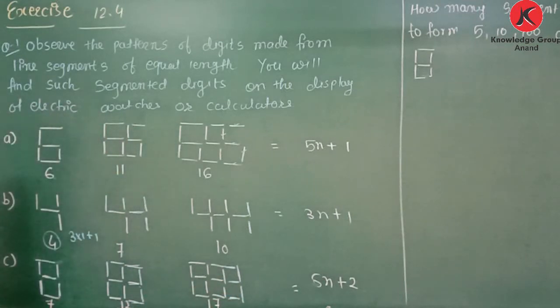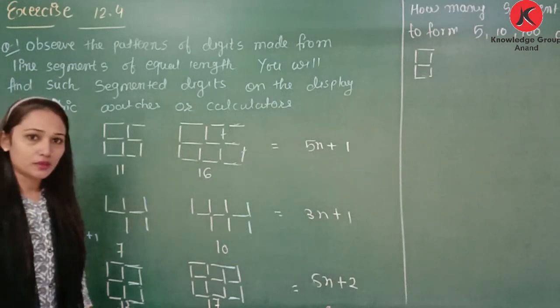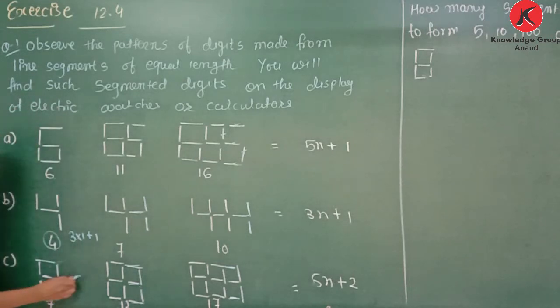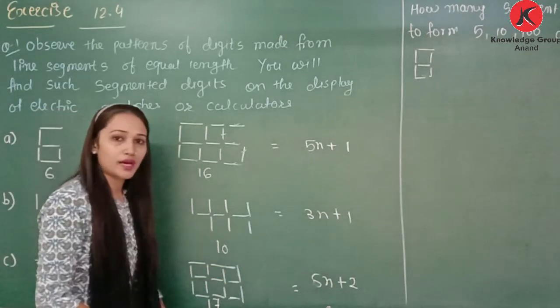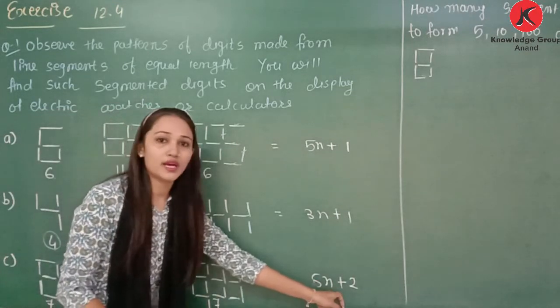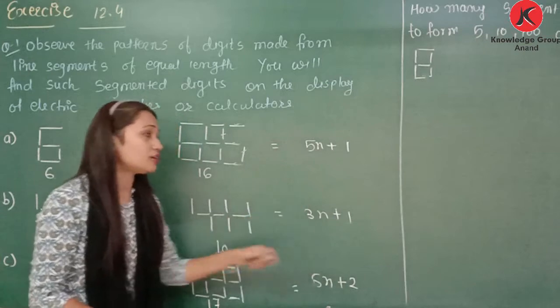Every time we need to add 5 line segments to get a consecutive pattern. So for the first we can write 5 multiply 1 plus 2, for the next 5 multiply 2 plus 2, then 5 multiply 3 plus 2. So the pattern will be 5n plus 2. This is given in the question.